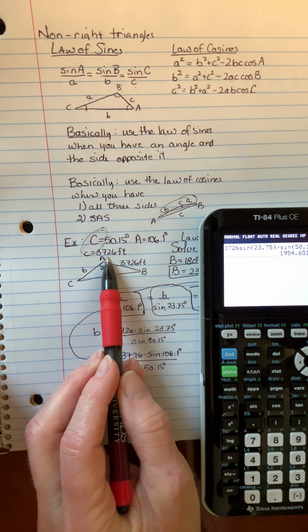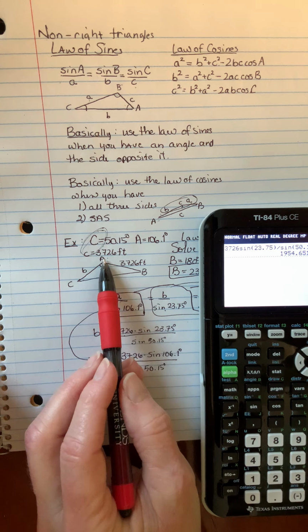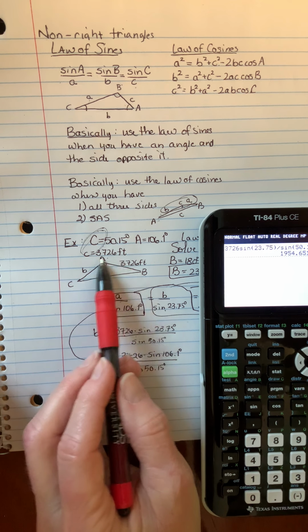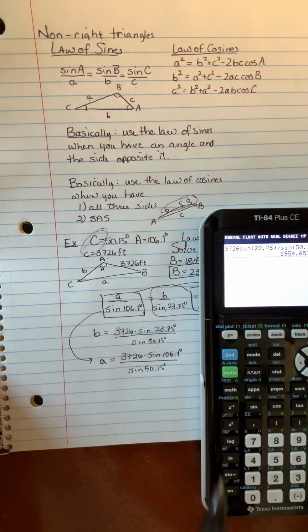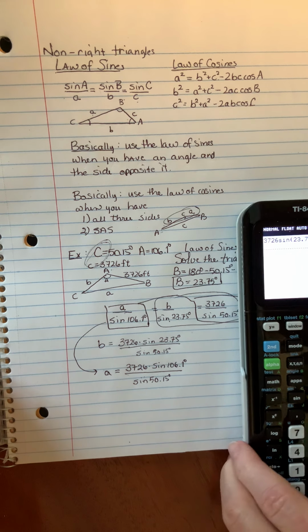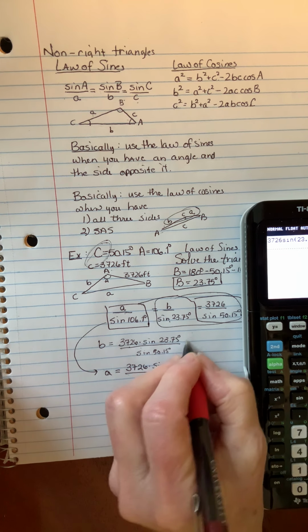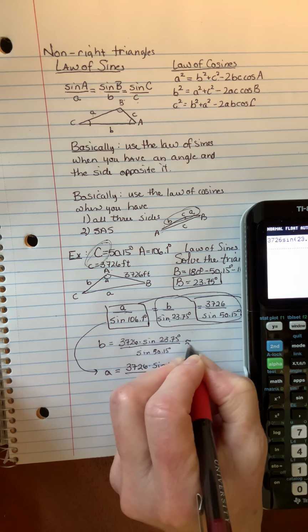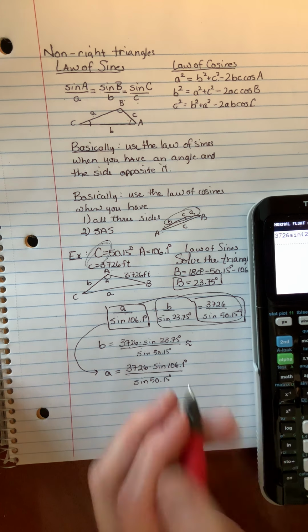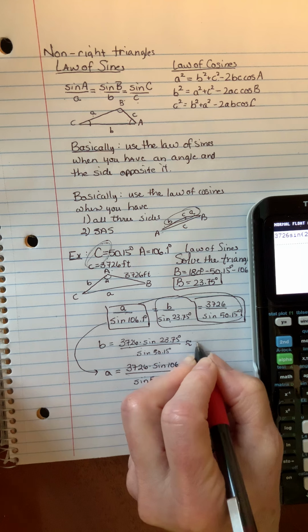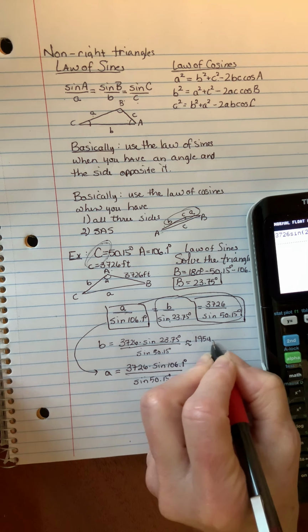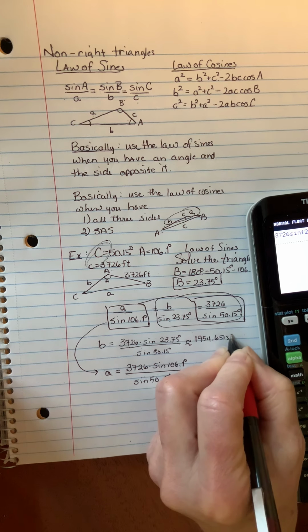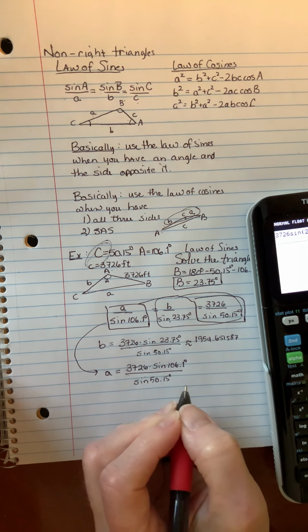When we've got the lengths here, in this example it is rounded to the nearest foot. It's got 4 significant digits, so I will do that here. So I'm going to say that this is approximately 1954.651587.